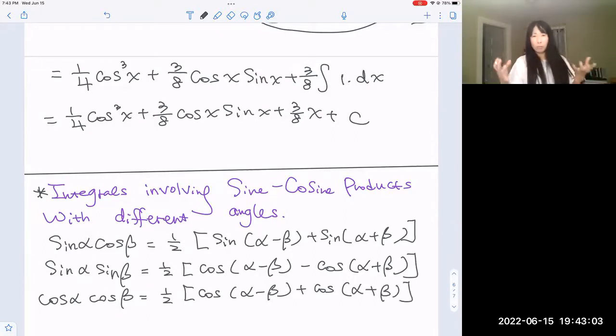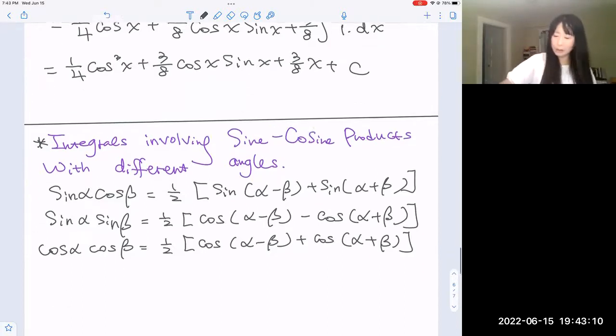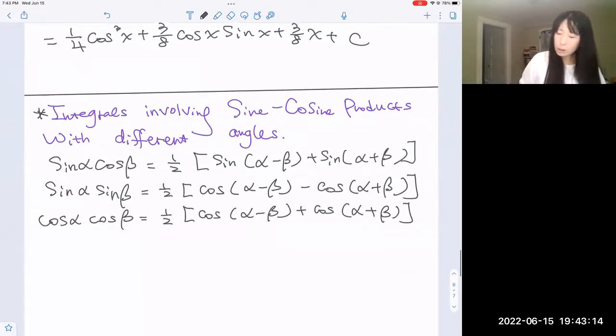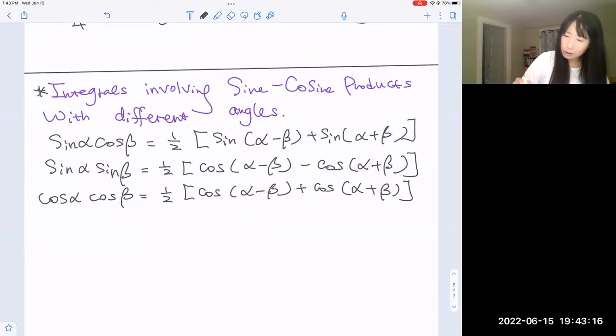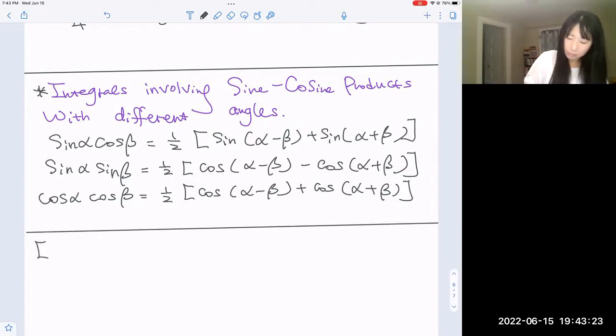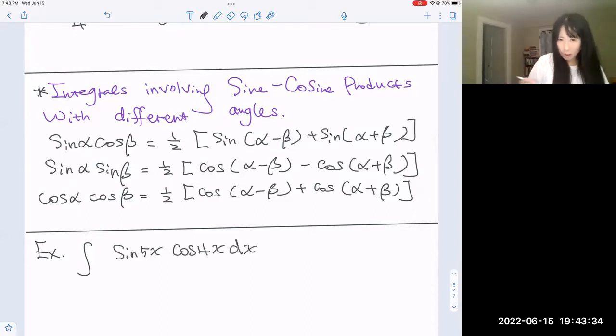So your professor probably taught you that you don't have to memorize anything, right? Just know how to apply. So in this case, we are using this kind of integration.